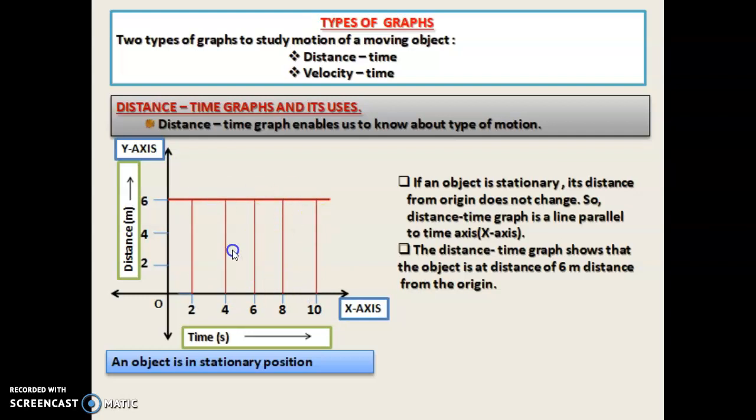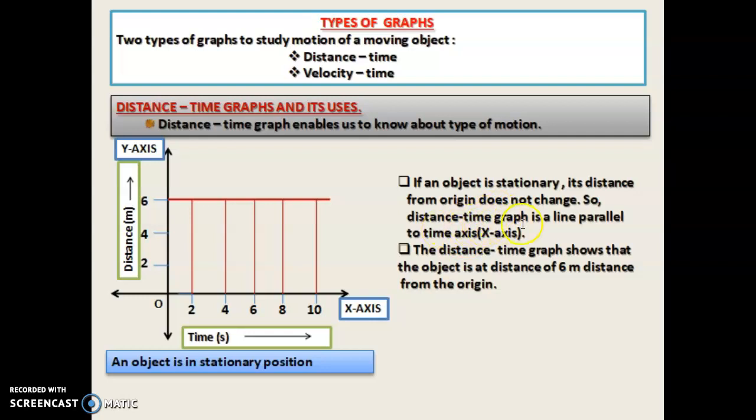So this graph shows the stationary motion of a body. If an object is stationary, its distance from the origin does not change. It is the same. Here it is 6. At 2 seconds it is also 6. At 4 seconds it is also 6. At 6 seconds it is also 6.